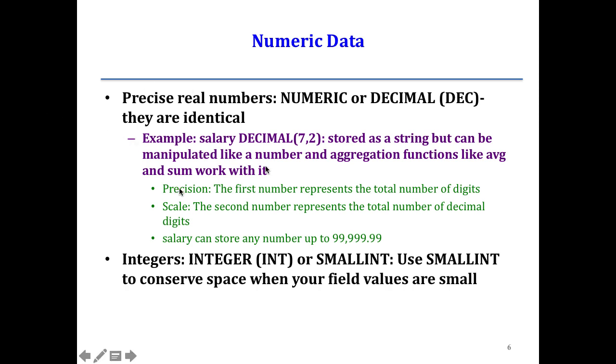So that says that the number is actually 7 digits, 2 of which are after the decimal point. This isn't C++. In C++, what would the 7 represent? Would it be the total number of digits?